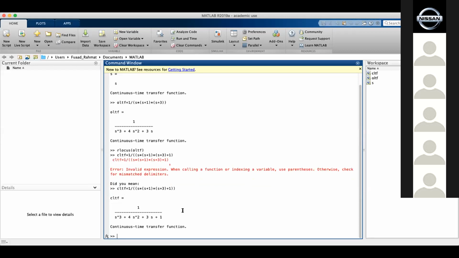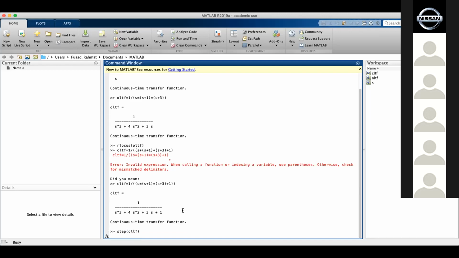So the time response of the closed loop transfer functions without controller is step CLTF, closed loop transfer functions. So we want to see the peak time, the settling time.